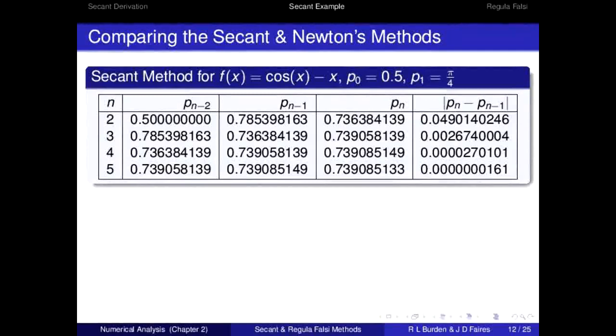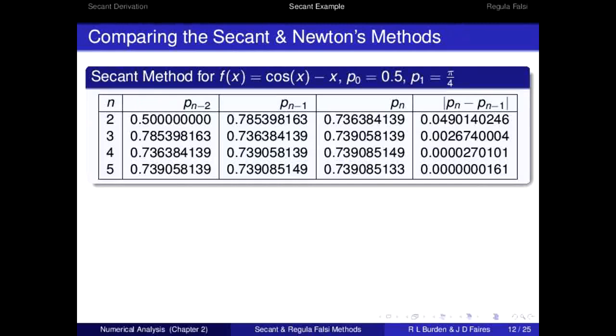In the next iteration, P3 is determined by the secant method formula using P1 and P2, and it is 0.73906.